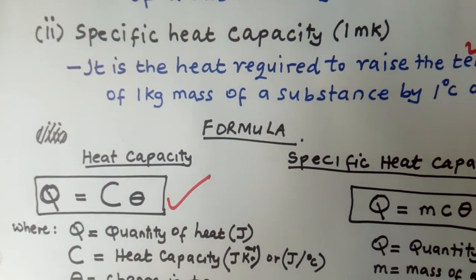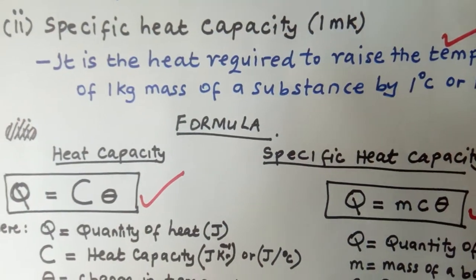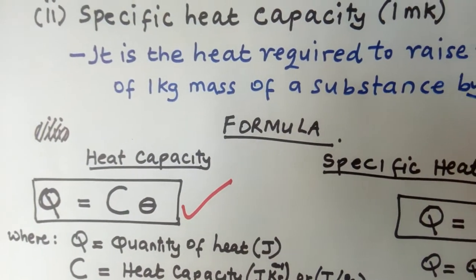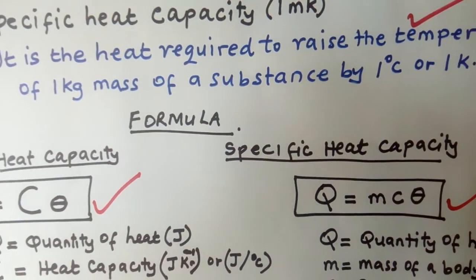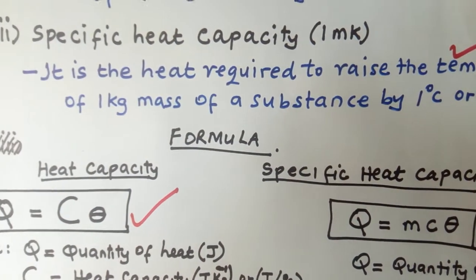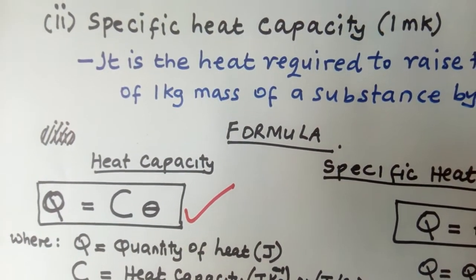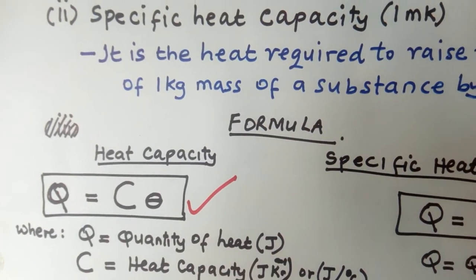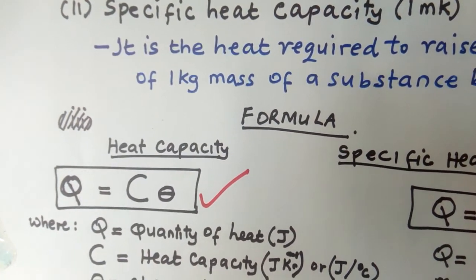So it is the quantity of heat required to raise the temperature of 1 kilogram mass of a substance by 1 degree Celsius or 1 Kelvin. So the definitions are the same, except here you have to mention 1 kilogram mass to make it specific.